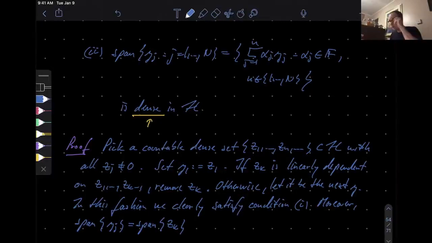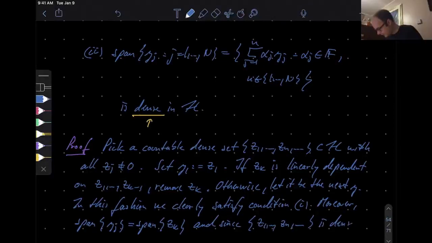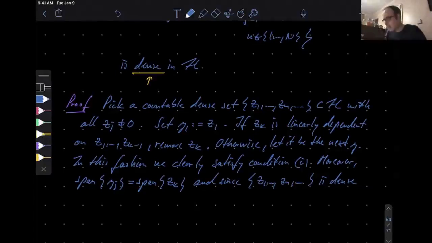But that doesn't affect the span. Okay, so that being said, and since what you start with is already dense, so {z_1, z_2, ...} is dense in H, then so is the span of those. If you have a dense subset and now you form linear combinations of those elements in your space, then the span is still going to be dense.